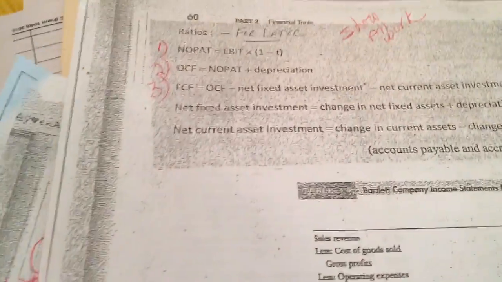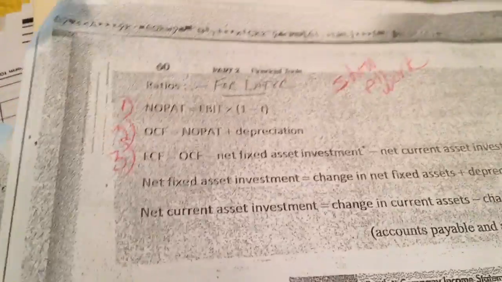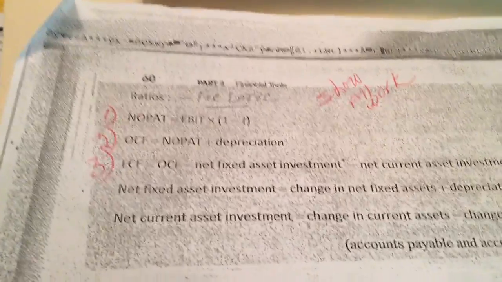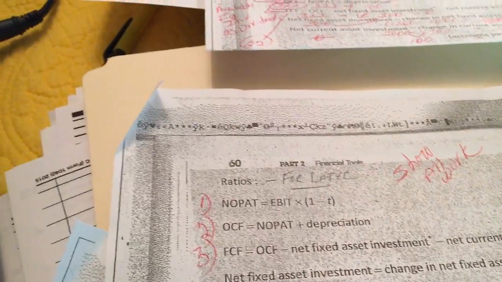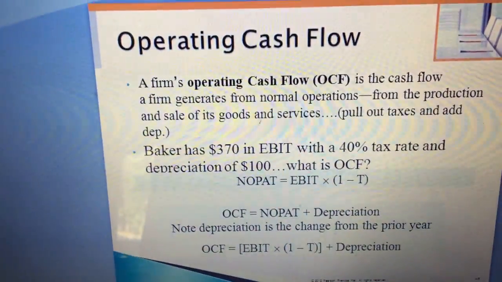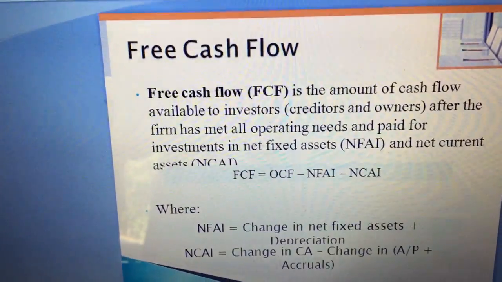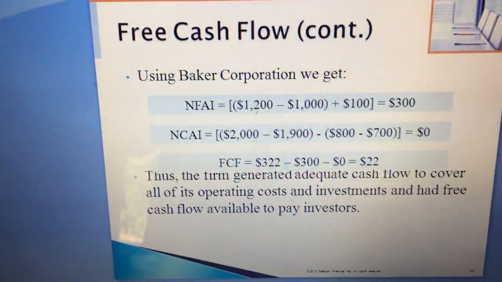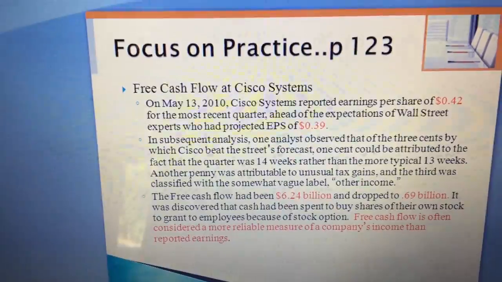Look for emails on Thursday and I'll give you further instruction on that. Please do go back to your PowerPoints and take a look at those, because all of this information I just went over is explained in the PowerPoint slides, and it would be very helpful to you.